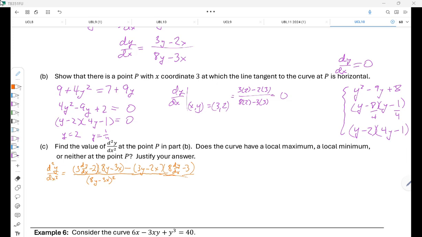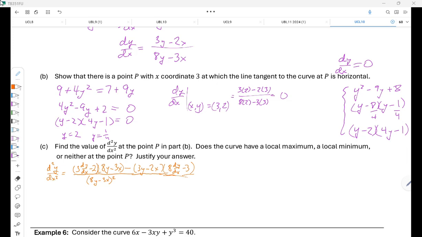So letter C, we need to answer the question. It says, find the value of d squared y dx squared. I started saying this on Friday, and I jumped the gun on it a little bit. Normally, if I had to find d squared y dx squared, I need to plug back in for the dy dx.